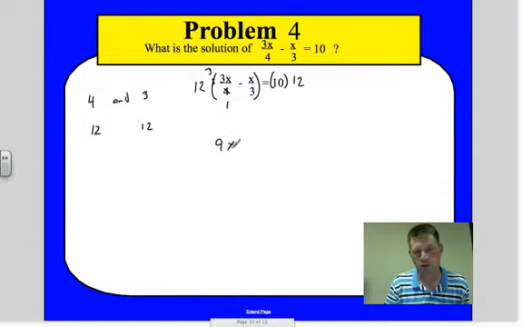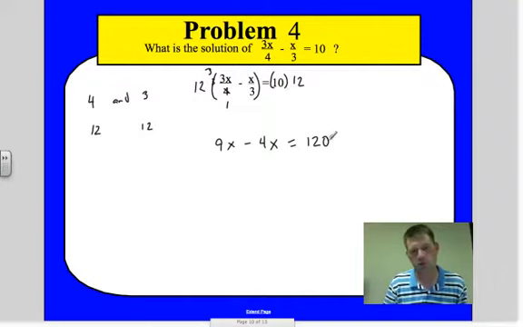It's over 1, but I don't need to write that. When I take the 12 times this, I get 12 over 3, and 12 divided by 3 is 4, so I'm going to have minus 4x. On the other side I get 120, because 10 times 12 is 120. You'll notice no more fractions. All I'm doing is distributing this through to the fractions.